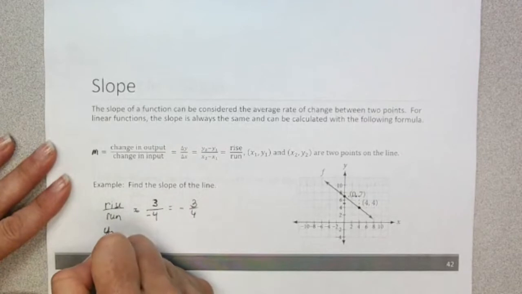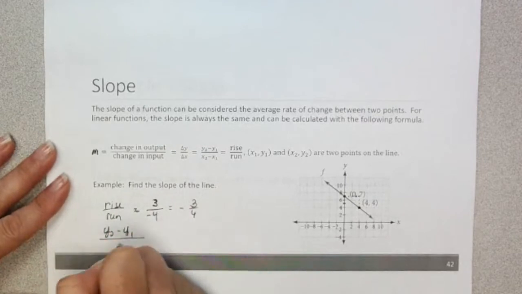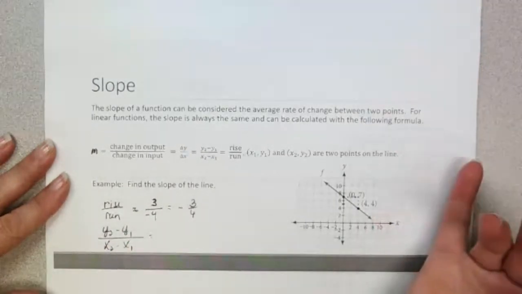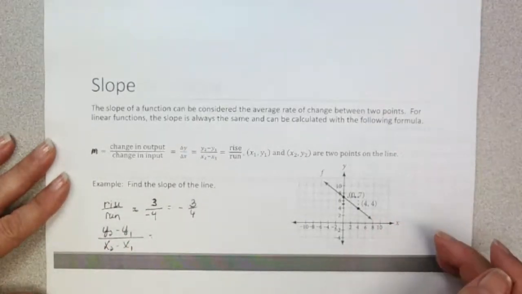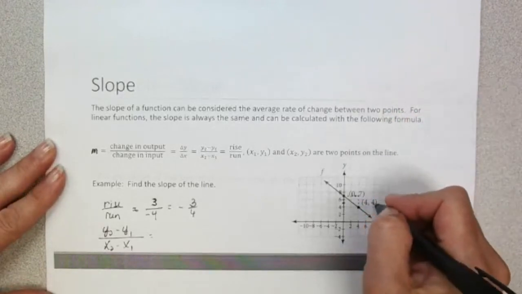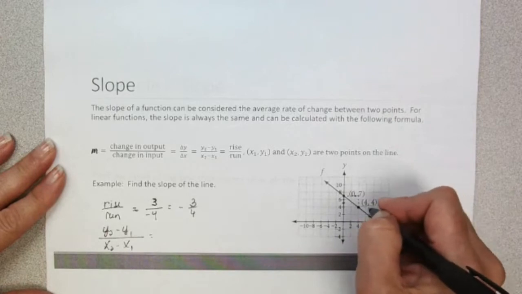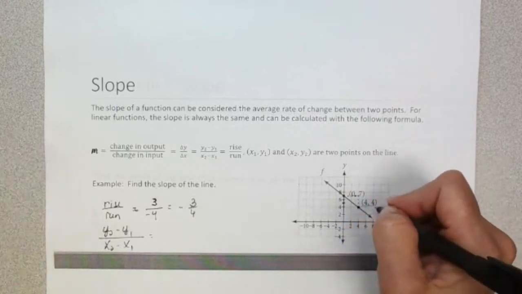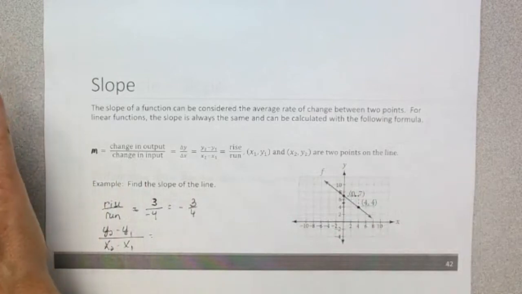If I use the formula here on this example, I want to say it's y2 minus y1 over x2 minus x1. Let's see, which point is point 1 and which one is point 2? It doesn't matter. I can decide either one. Since I started with this point (4, 4) when I was doing rise over run, I'll let this be my x and y coordinates.